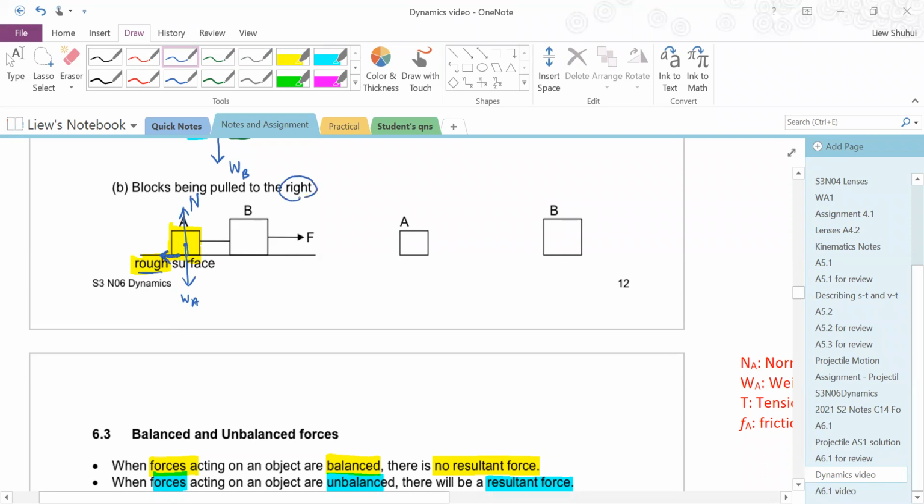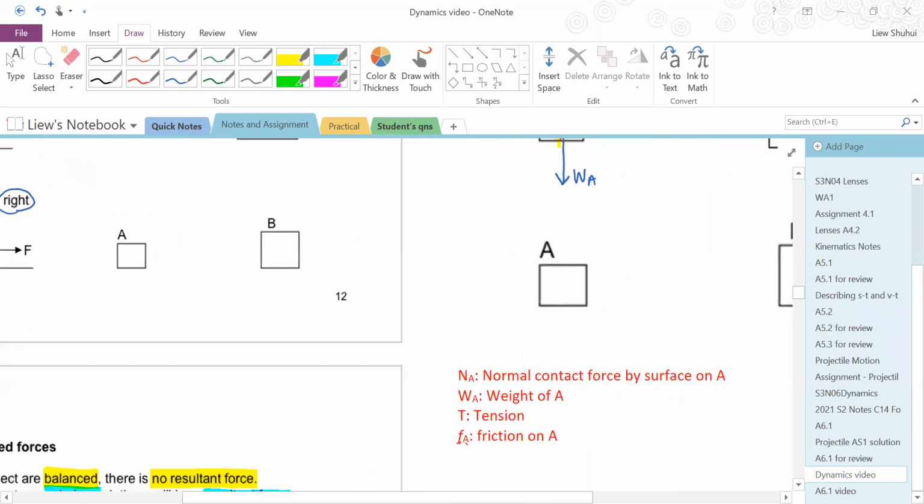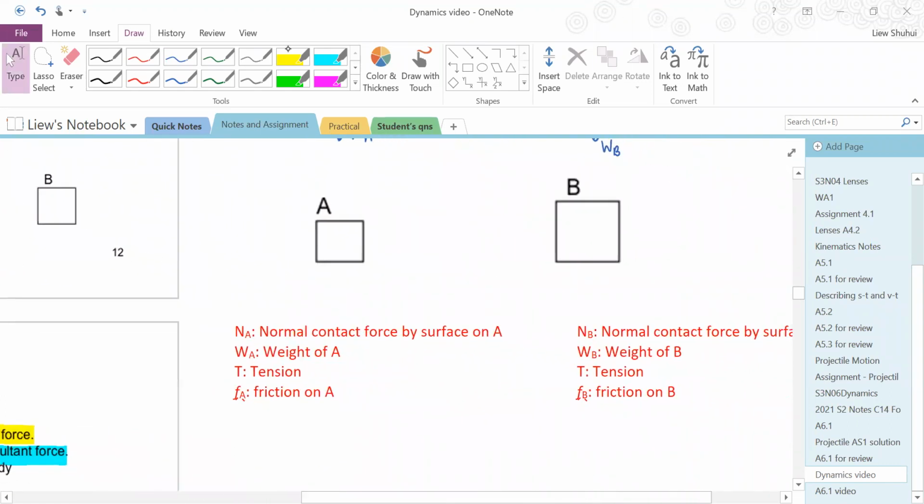So if it's being pulled to the right, friction will be pointing towards the left. At the same time, there's a string connecting A and B. In strings, you always have tension pointing away from the object. That's the tension.